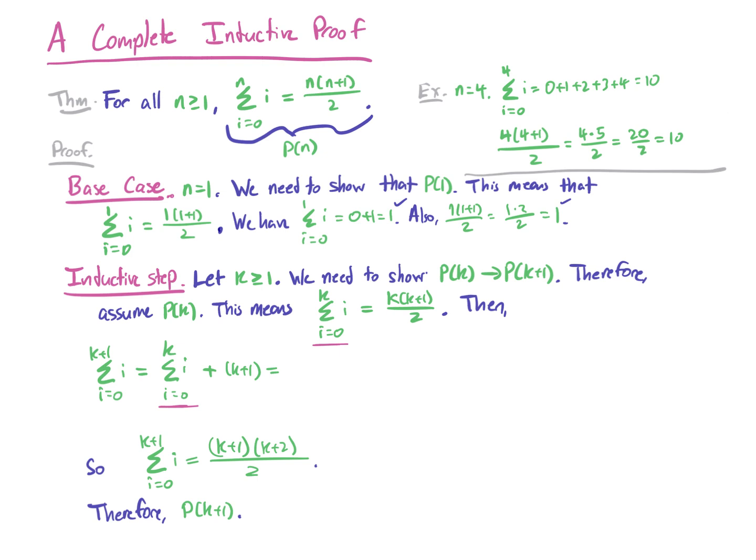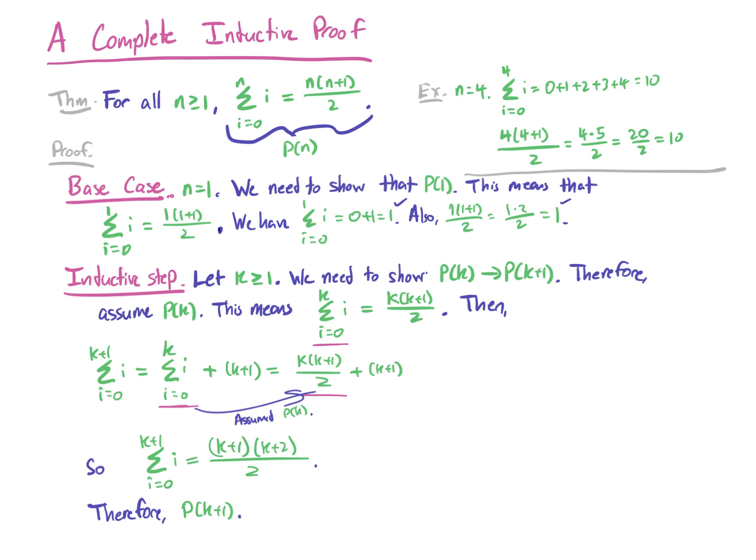Because I'm in this world, I can replace this sum with that formula, k times k plus 1 divided by 2, plus k plus 1. So I'm making this replacement from here to here, and this is because I assumed that p of k is true.